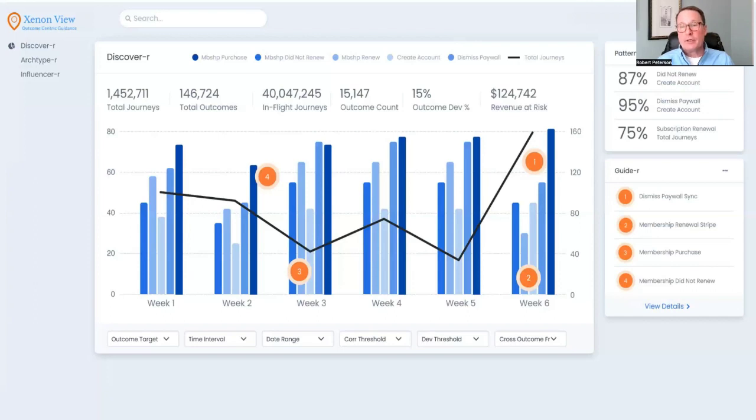For example, if subscription renewal and total journeys are moving together all the time, then you know that there's a correlation there. But if I see subscription renewals and subscription cancels move together 98% of the time, then chances are pretty high that you're experiencing a lot of churn, because customers are probably canceling their subscription to get a better deal with the new opportunity. And that's why these patterns become very, very relevant.